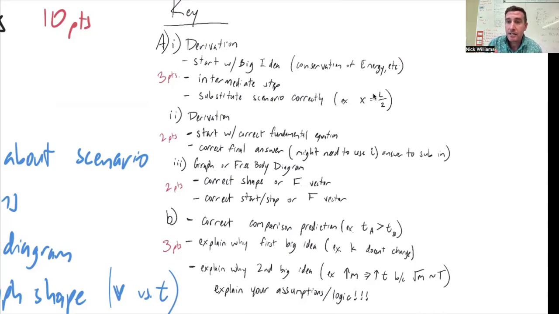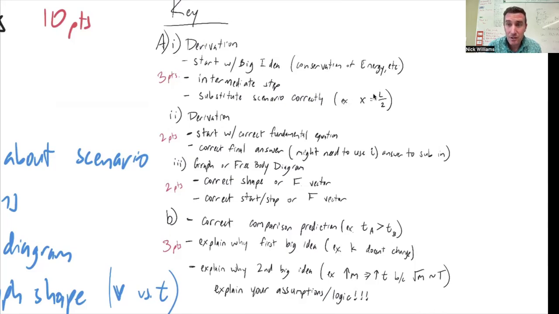So like spring constant is a constant, so it doesn't change. You're referencing back to some big physics idea. And then the third point will be for explaining why with some kind of second big physics idea. So mass is proportional to period, or the square root of mass is proportional to period. So as mass increases, the time will also increase.